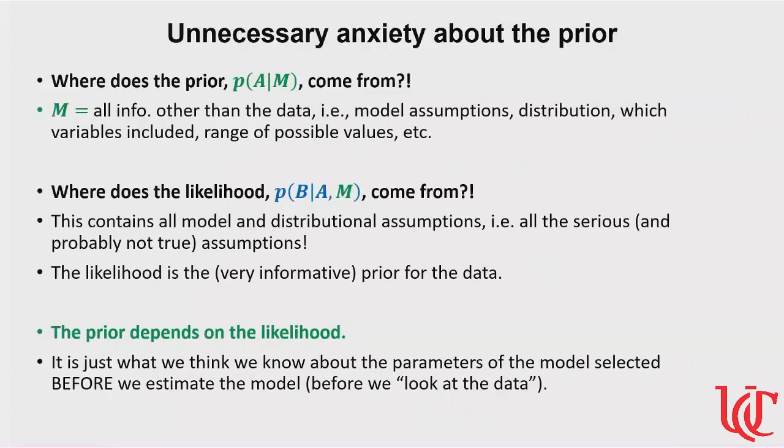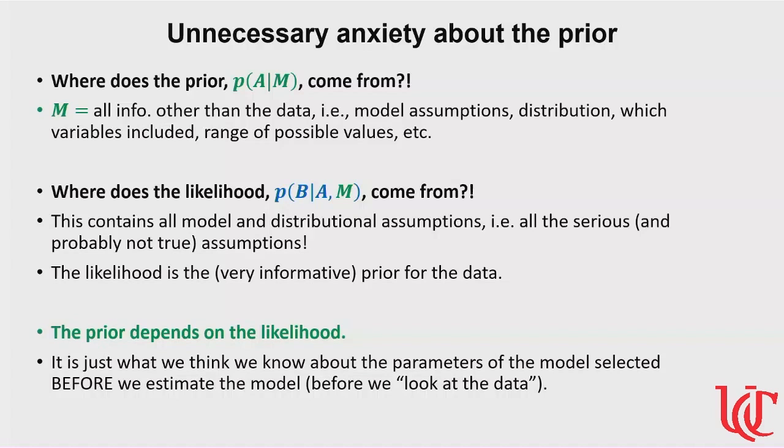The big question you always get asked, and I've been asked this for decades and never knew the answer, but I've finally come up with what I think is the right answer, is where everyone worries about where the prior comes from. What about the prior when they're trying to do Bayesian analysis? The prior is just what we know about the parameter, or whatever it is we're interested in, ahead of time.